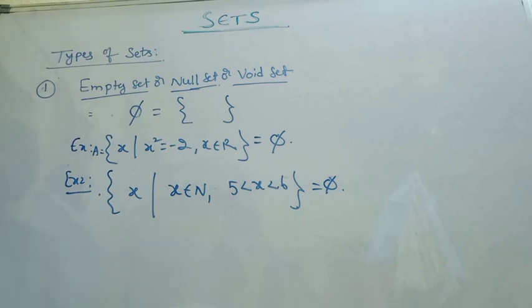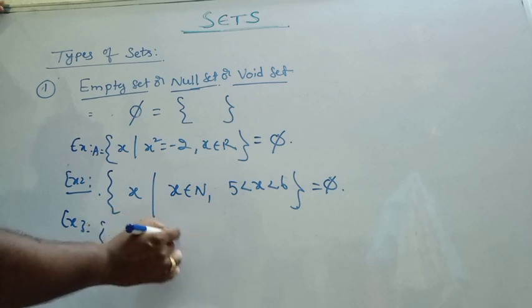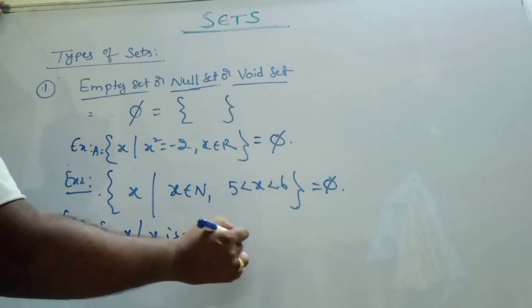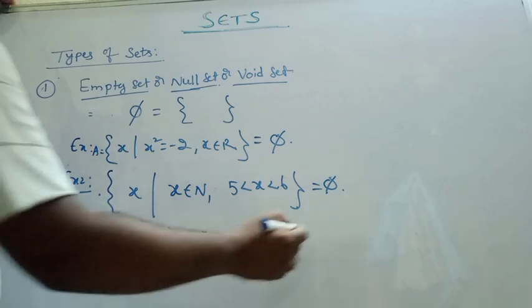Like this we can give plenty of examples. Example 3: the set of all even prime numbers. See here, I am giving x such that x is an even prime greater than 5.